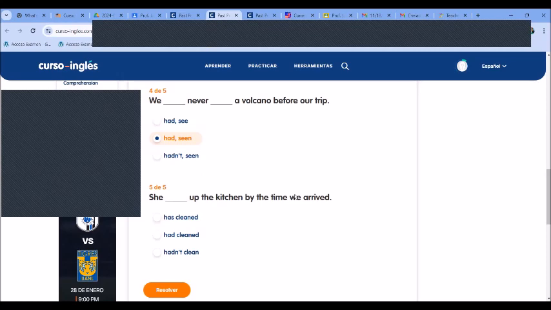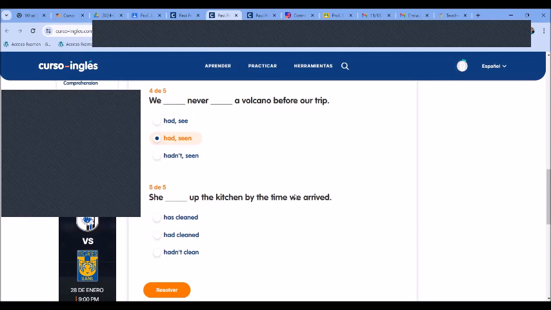Pamela. She had cleaned it. No, she has cleaned it. Tell me which one. She had or she has?